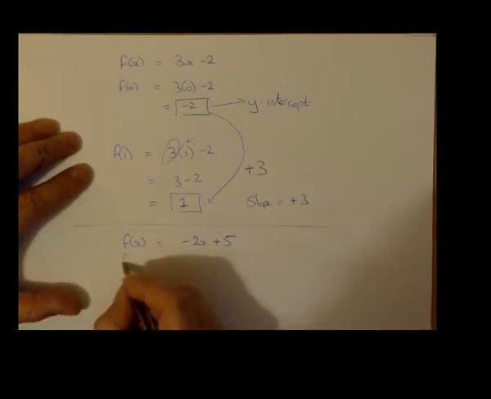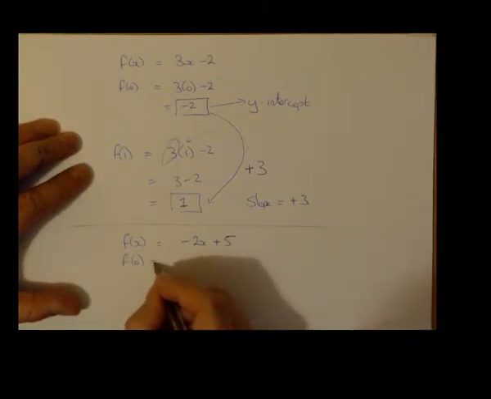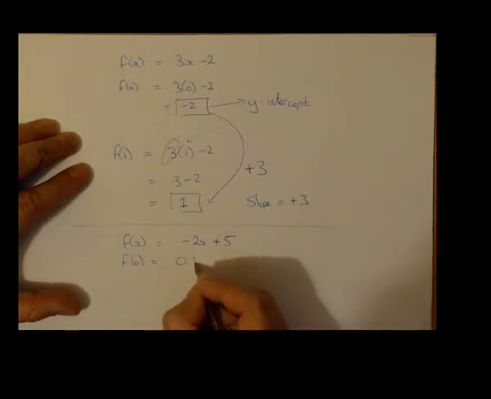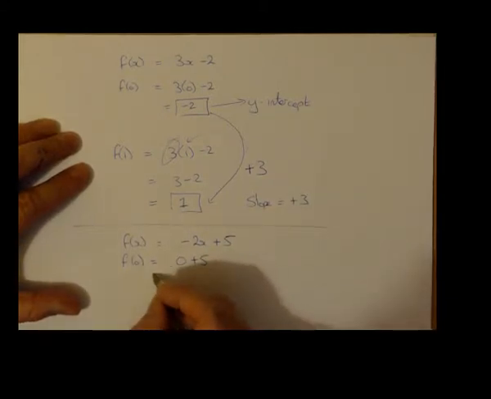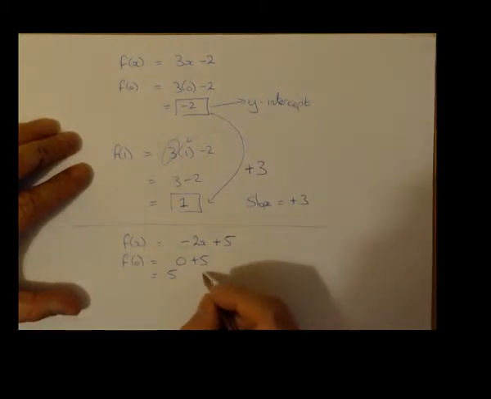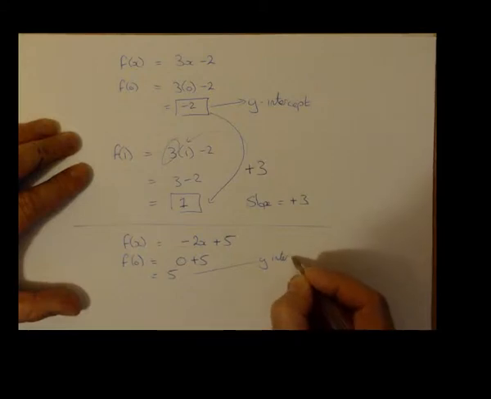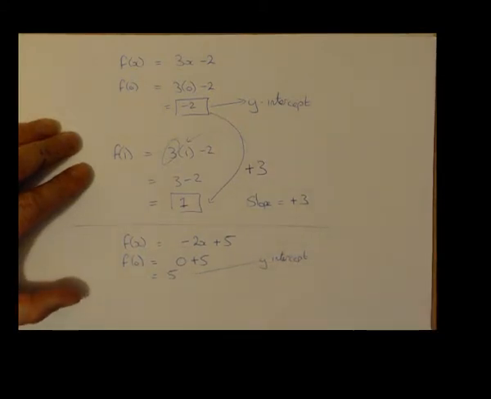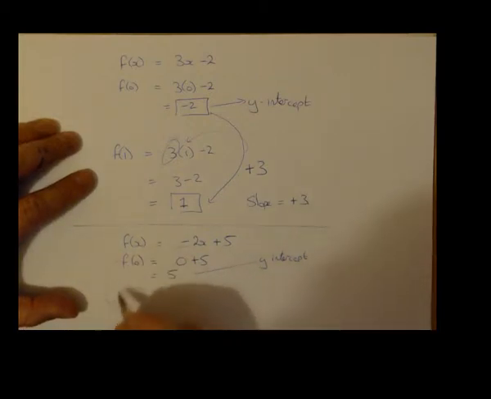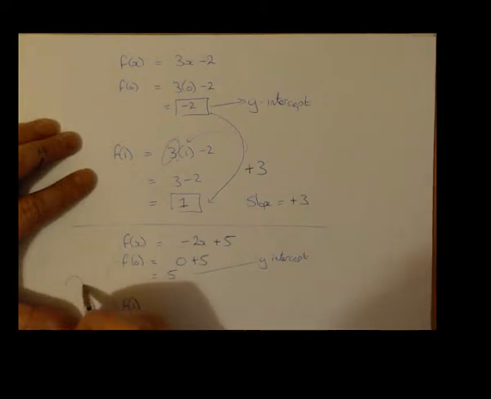Let's find f of 0, the y-intercept. Straight away, this is going to become 0 plus 5. So our y-intercept is +5. What's our slope? Well, let's find out how much it increases from f of 0 to f of 1. If we take one step right, how far do we go up?